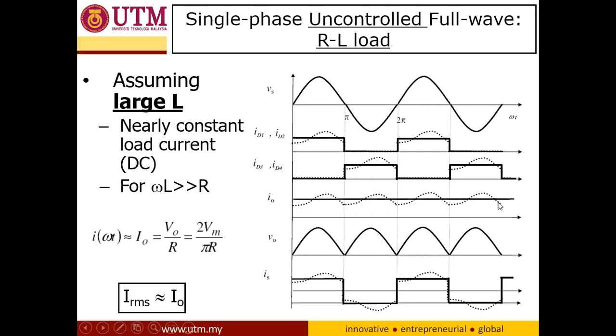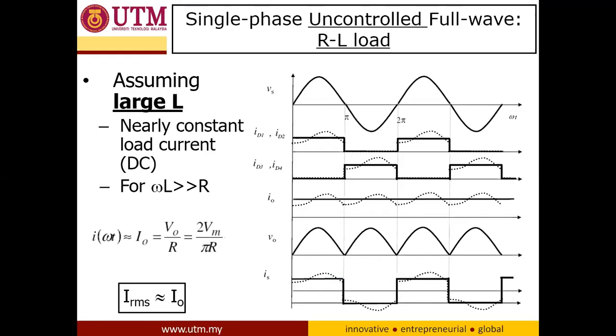But you may notice that the current that TNB, our voltage supply, is facing is actually a square wave, not sinusoidal. This will be a problem for our TNB supply, because TNB in a power system wants the voltage and current to be always sinusoidal and in phase.